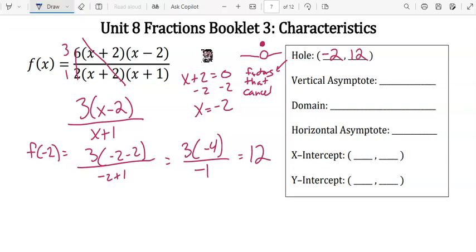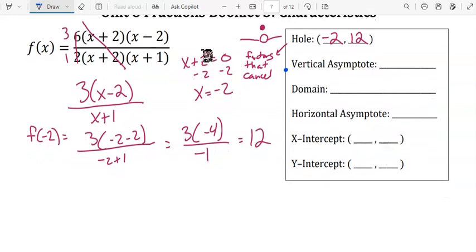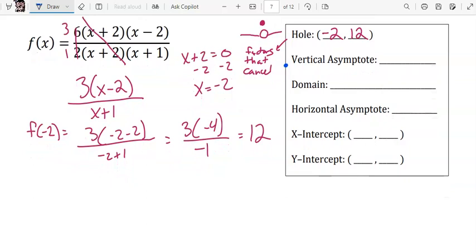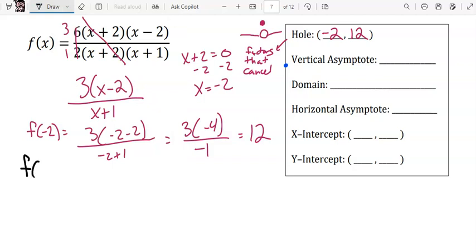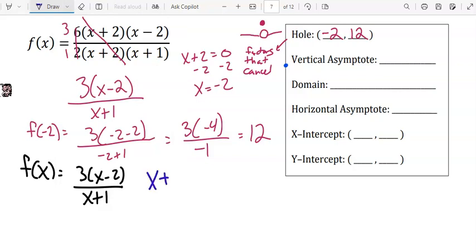Okay, now for the vertical asymptote. After we've simplified our expression, we're ready to find the vertical asymptotes, if there are any. We'll go ahead and rewrite it. So for the vertical asymptote, we set the denominator equal to 0. x equals negative 1.